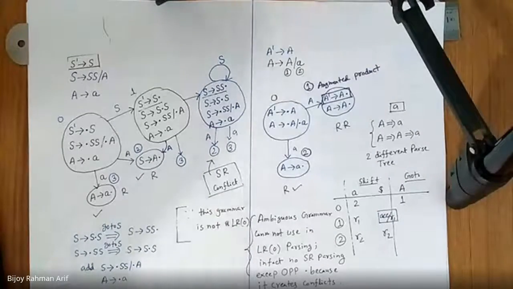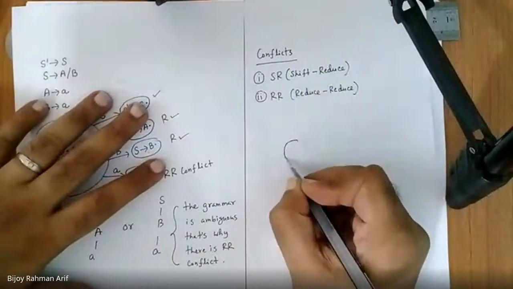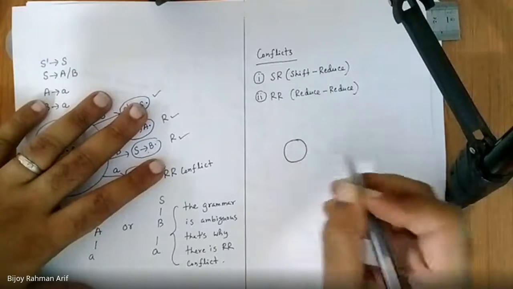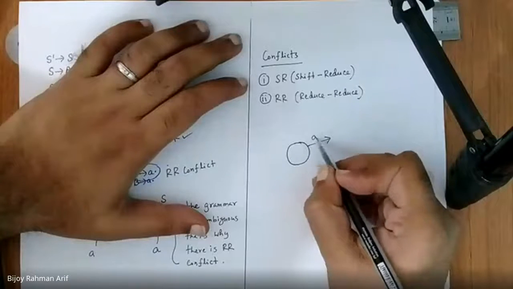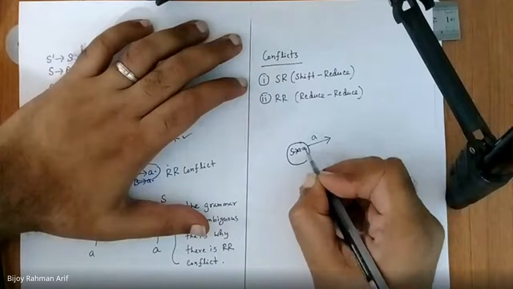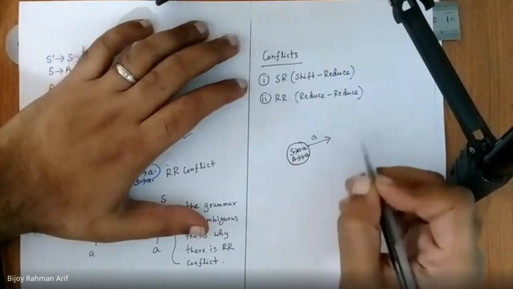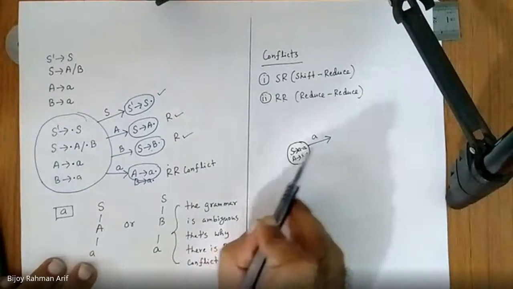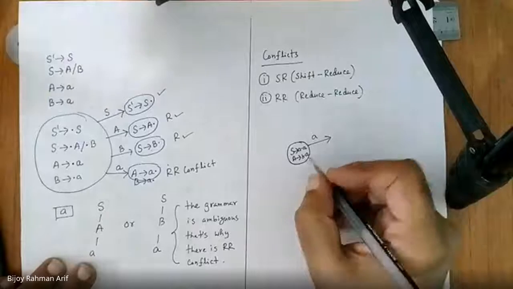for example, say you talk about a reduce conflict. Here, if you move on A, let's say something like this: S derives A dot A and A derives B dot A. Now, if you shift on A, what do you get?